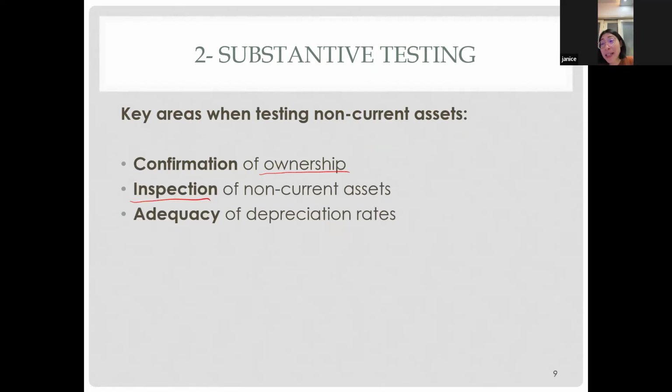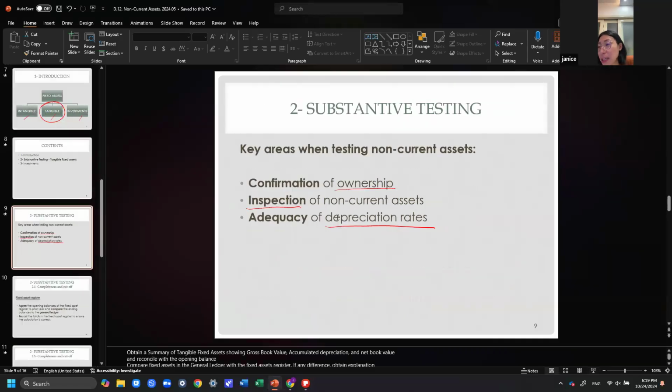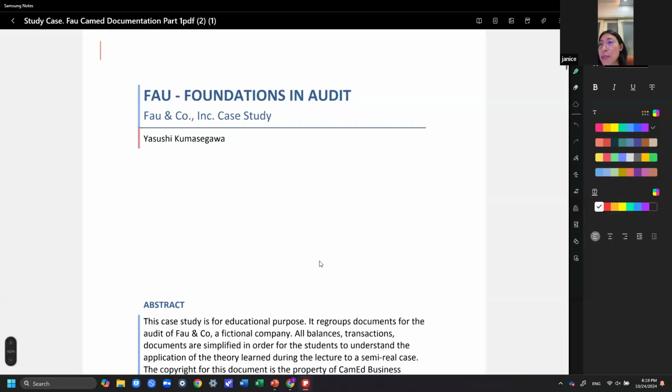We need to inspect all these non-current assets to see if they exist, if their condition is good, and if their value is going to be affected. And we'll also need to evaluate how their depreciation is calculated. Those are the main areas that an auditor would want to focus on. All right, that's a little introduction, and now we may start the case study together.